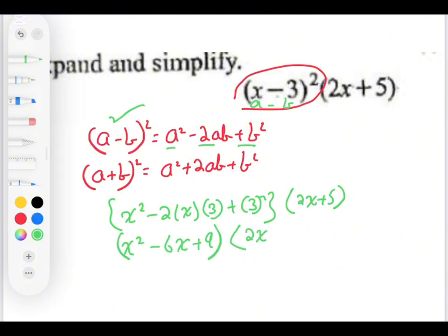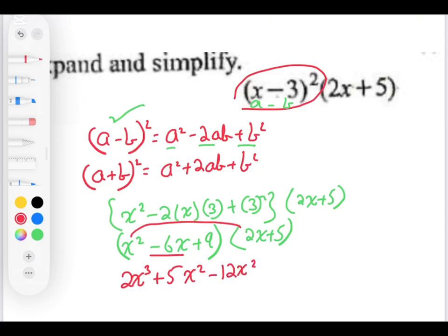Now I have to multiply these two brackets. x² multiplied by 2x will be 2x³. x² multiplied by 5 will be 5x². Now negative 6x multiplied by 2x will be negative 12x². Negative 6x multiplied by 5 will be negative 30x. Now it's time for 9.